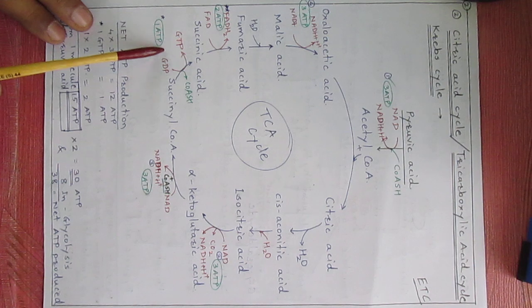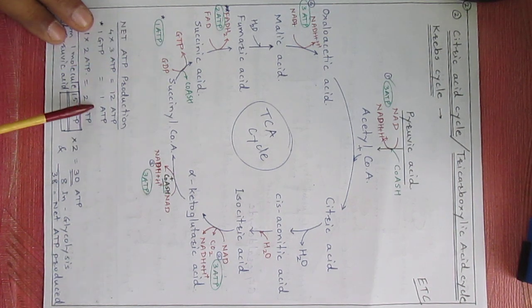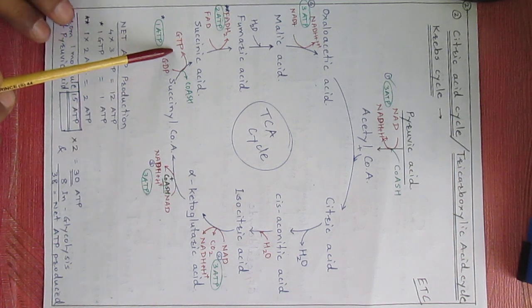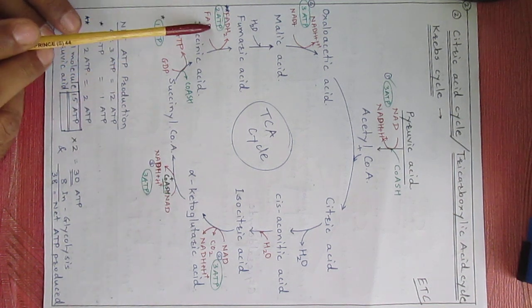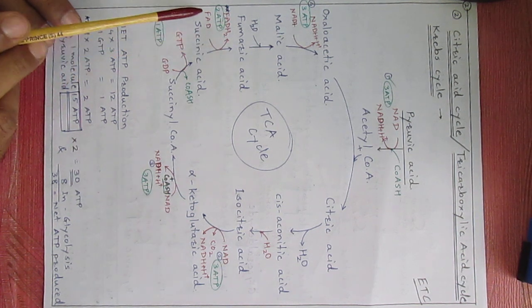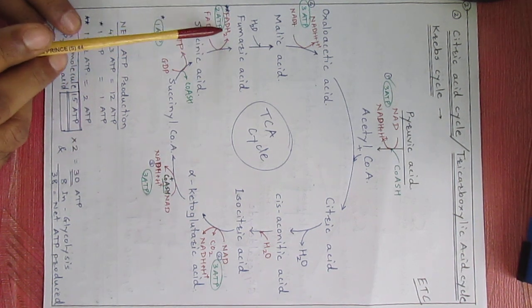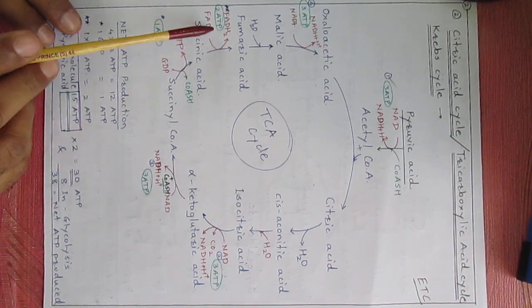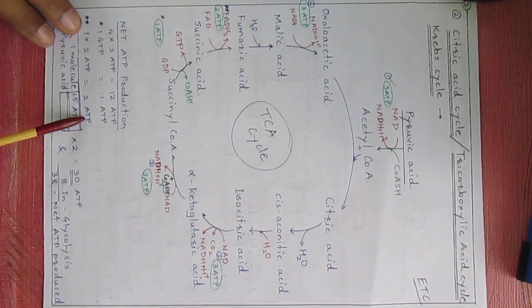Again, 1 GTP is produced, which is equivalent to 1 ATP. Therefore 1 ATP from this GTP. And at this stage, from succinic acid to fumaric acid conversion, FAD is converted into FADH2, that will form 2 ATP molecules.